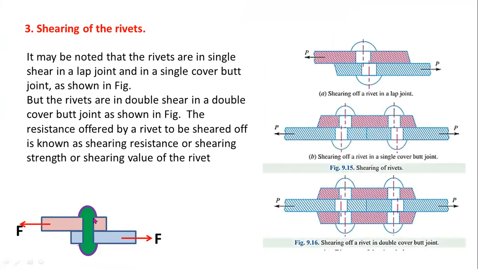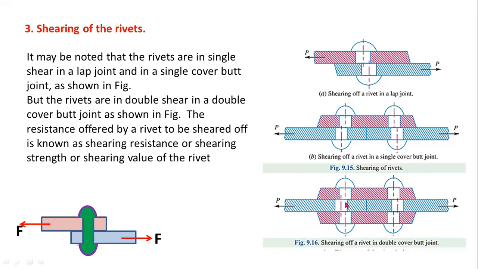It may be noted that the rivets are in single shear in a lap joint and in a single cover butt joint. For these two situations, we have to consider single shear. Here you can observe only one failure, here also a single failure. But in this situation, the double strap butt joint, you can observe two places may shear.